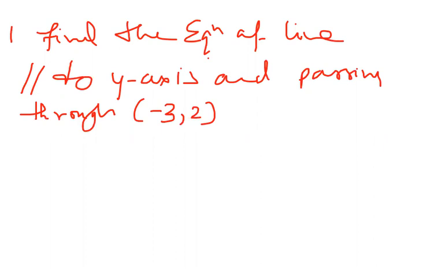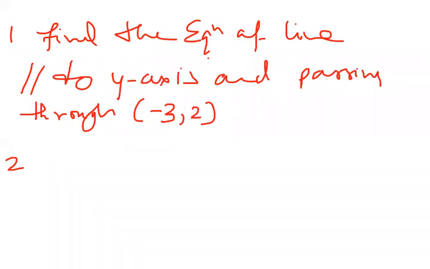Just keep in mind, parallel to the y-axis means we know the slope of the y-axis, and a point is given. So slope is given and a point is given. One more question. These two questions will be for homework and then we will finish the class.